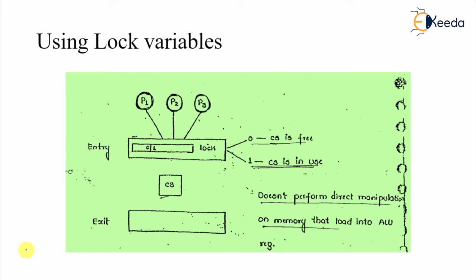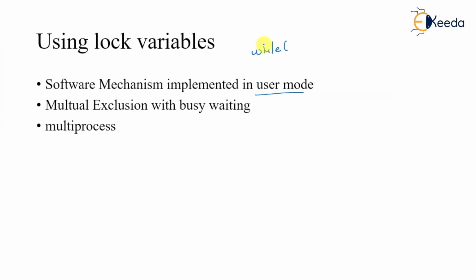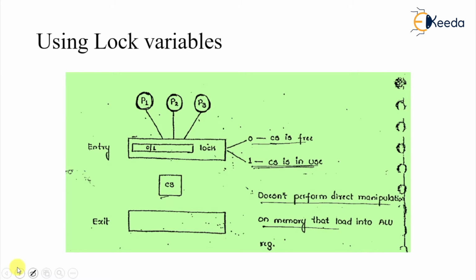Using lock variables, it is just an example: while my variable counter is exactly equal to 0, or it is equal to max size. We have multiple processes P0, P1 and P2, and they will go into this.